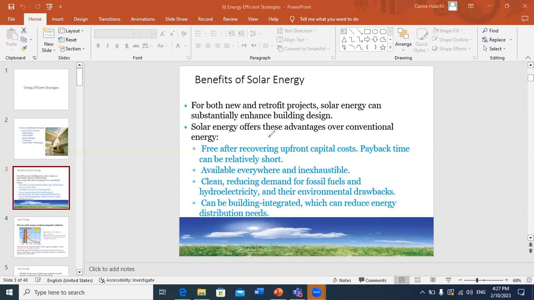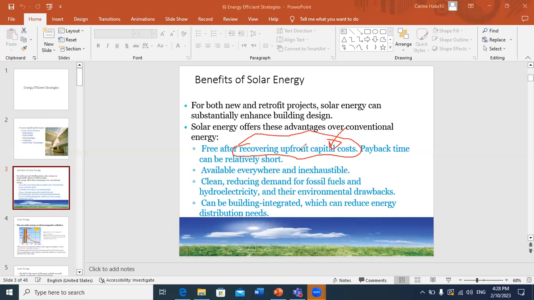Solar energy offers a lot of advantages over conventional energy. First, it's free after recovering upfront capital costs. So here, the importance always of economical analysis whenever we implement any renewable energy strategy, because mainly the problem of renewable energy technologies is really the initial investment. You have high initial investment, and you might need a large period to recover your capital.